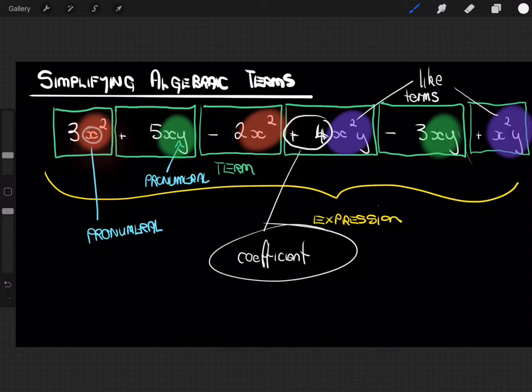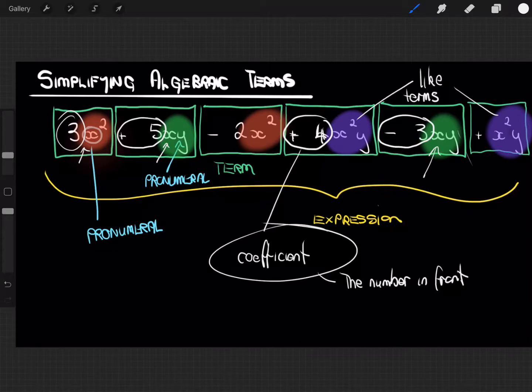So the coefficient to this xy term here is positive 5. The coefficient to this x squared term here is positive 3. The coefficient to this xy term here would be -3. So the coefficient is the number in front of that term.